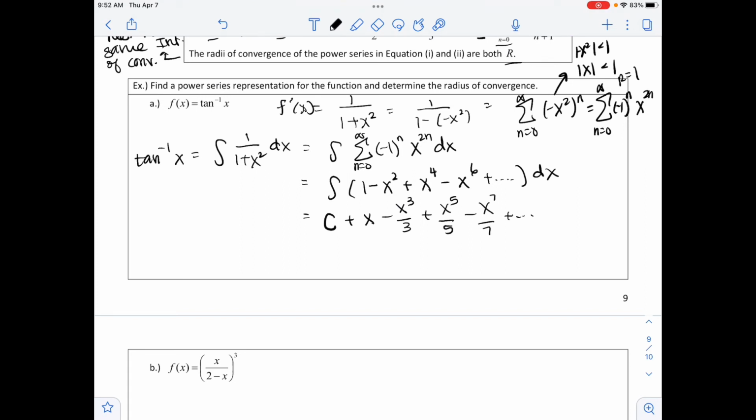So in order to figure out what that value of c is, this constant, I'm going to let x equal 0.